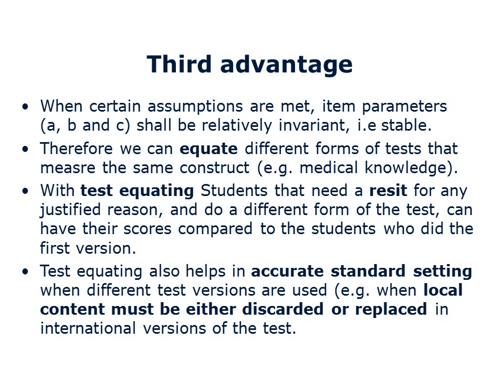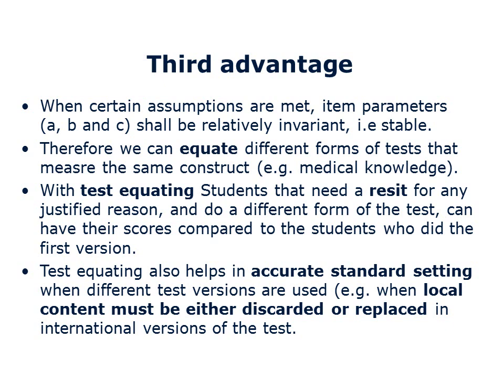So if we have some items in common, and the majority of the tests different, we use this common part of the test to estimate and standardize the difficulties of the parts that are not common. And that's why we can compare the tests in an appropriate manner.